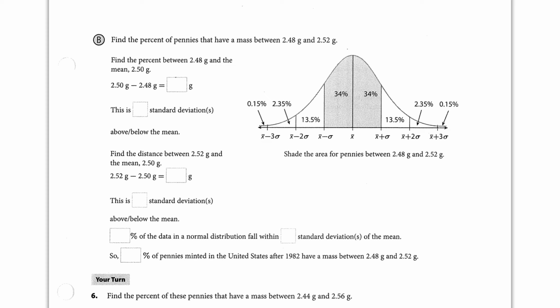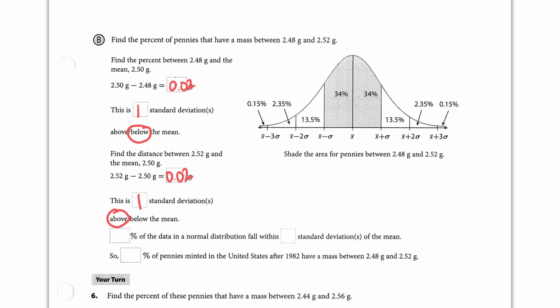So we're subtracting to start out, and that is a difference of 0.02 grams, which is only 1 standard deviation, and that is below the mean because 2.48 is smaller than 2.5. Now we're going to look at the distance between 2.52 and the mean, which is a difference of 0.02. Also 1 standard deviation, but this time it is above.